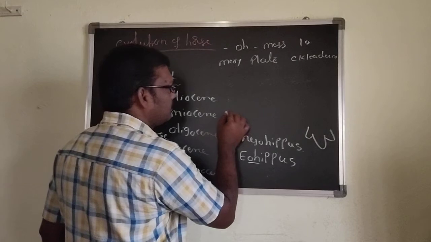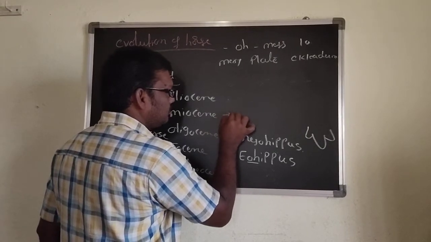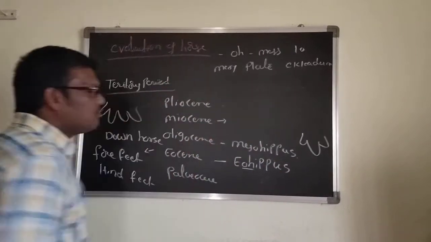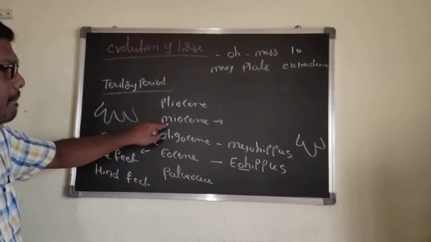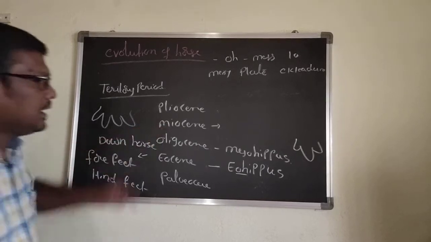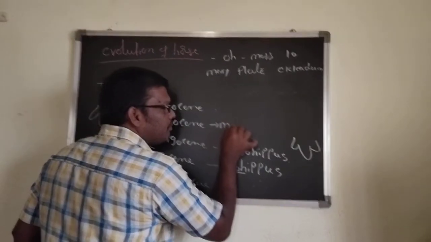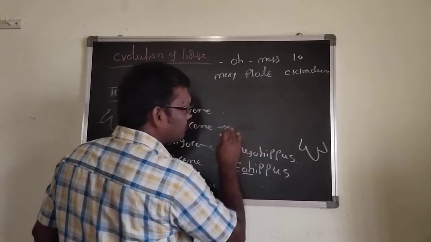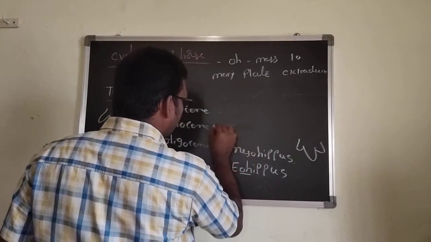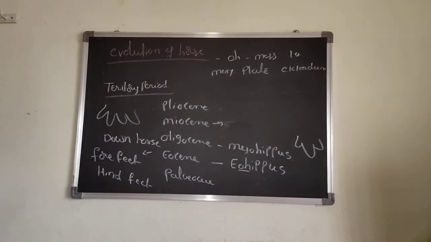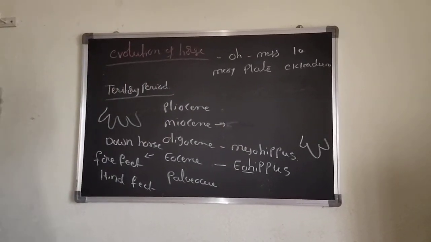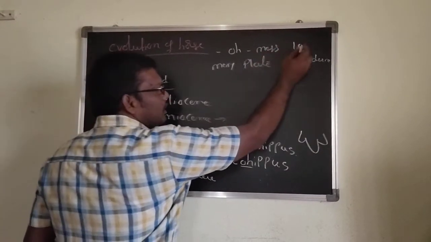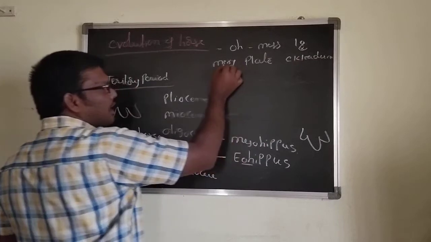Later, after Mesohippus, the next one originated in the Miocene. Now in the Miocene, after Mess, the next one is Mary.